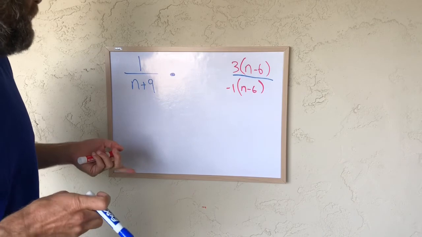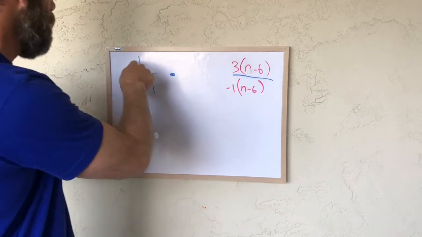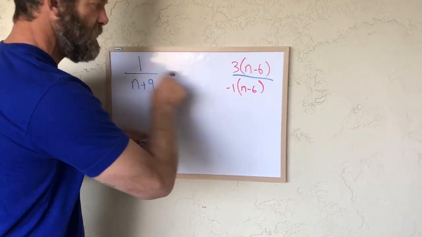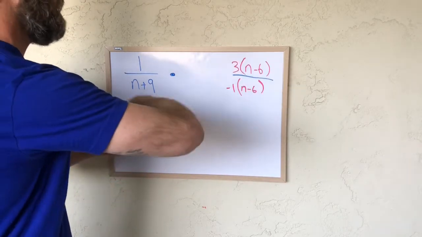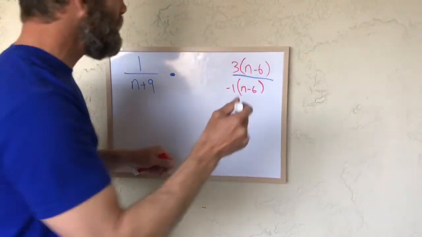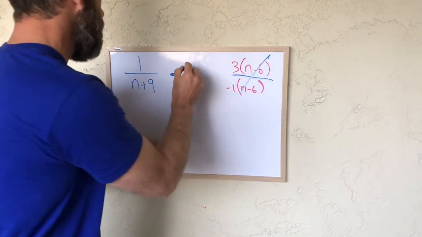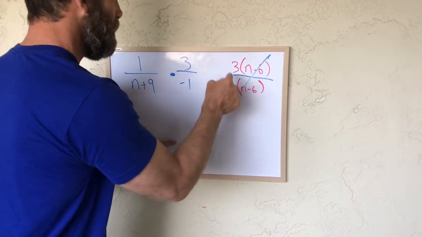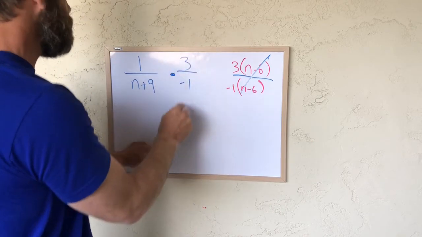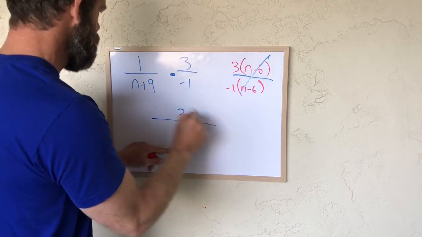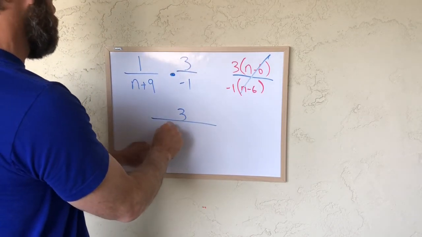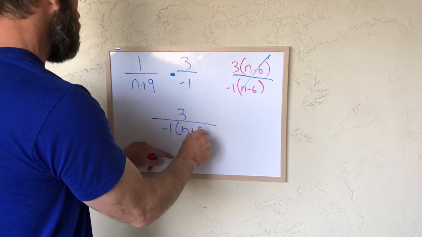I can't really do anything here. I can reduce technically these ones, but whatever. What I can do is this: n minus 6 and n minus 6 cancel out, so I have 3 and a negative 1 left. Now 1 times 3 is 3 over negative 1 times n plus 9.